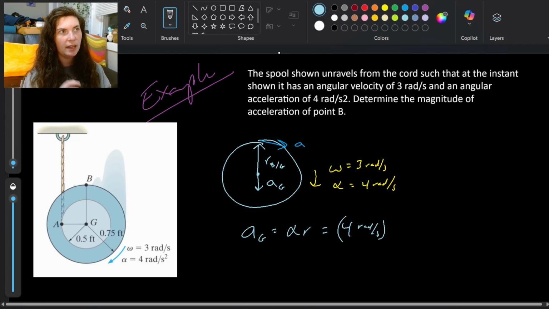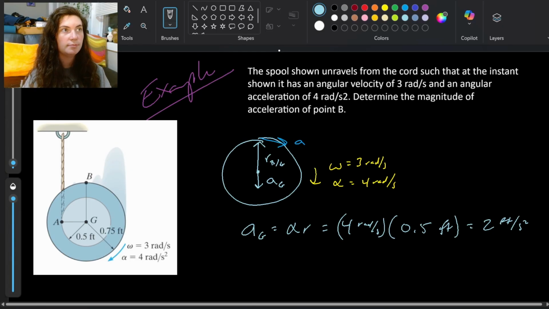So that acceleration is dependent on that inner radius of 0.5, where the spool is. Since that spool doesn't go all the way to the outer edge, it's only that 0.5 feet there, which gives us an acceleration downwards of 2 feet per second squared for A_G.